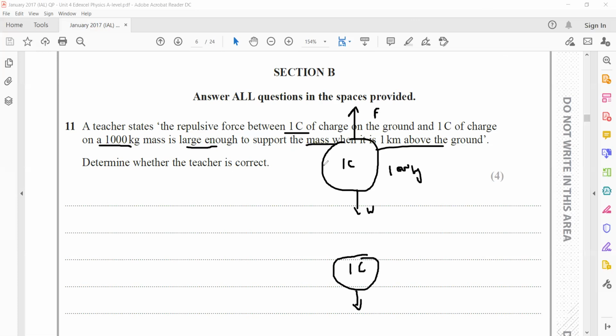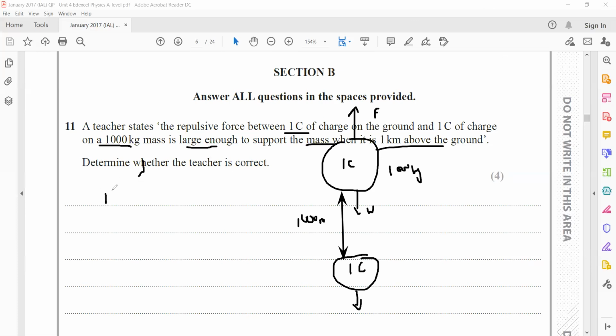So whether the teacher's stated repulsive force is enough to support the mass when they are 1 kilometer away. So the distance between the two charges is equal to 1 kilometer, but SI unit is meter, so it should be 1000 meters. So I will use the electrostatic force.